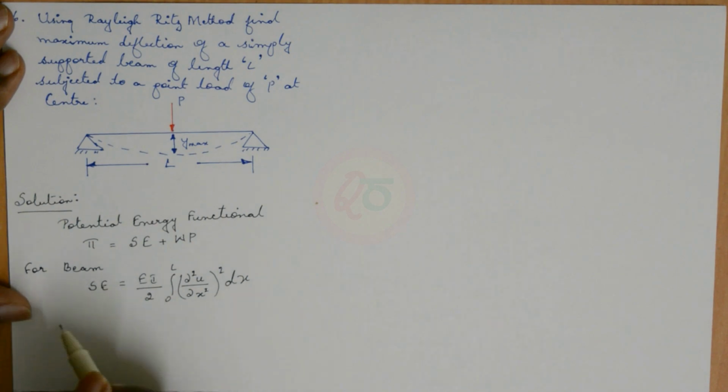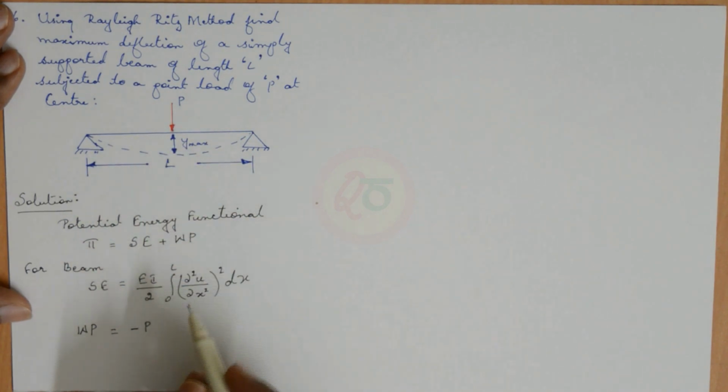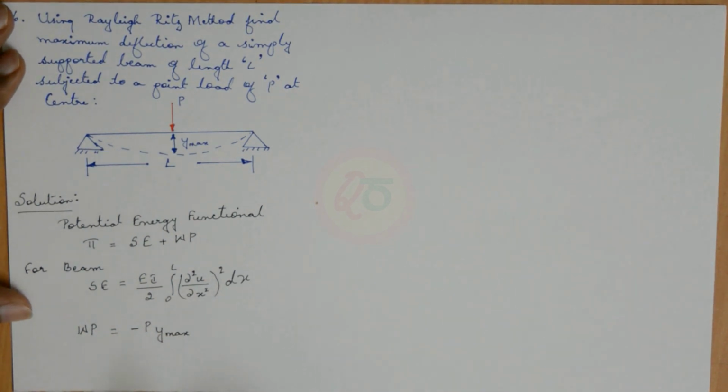Work potential is given by: you have the load P which is acting on the body, and it causes a displacement of Y max. This is the work potential.